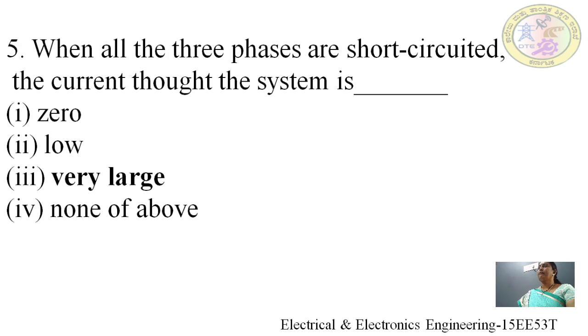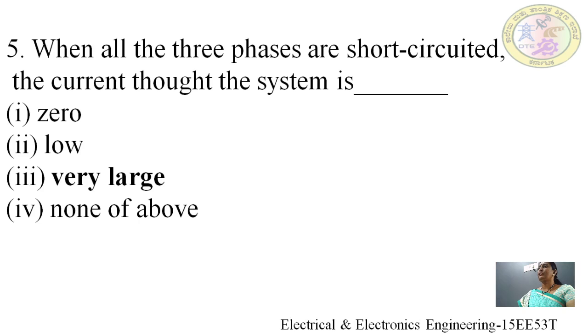Next, when all three phases are short circuited, the current in the system is: zero, low, very large, none of the above. Zero is not the answer, and low is also not the answer, because all phases are short circuited.